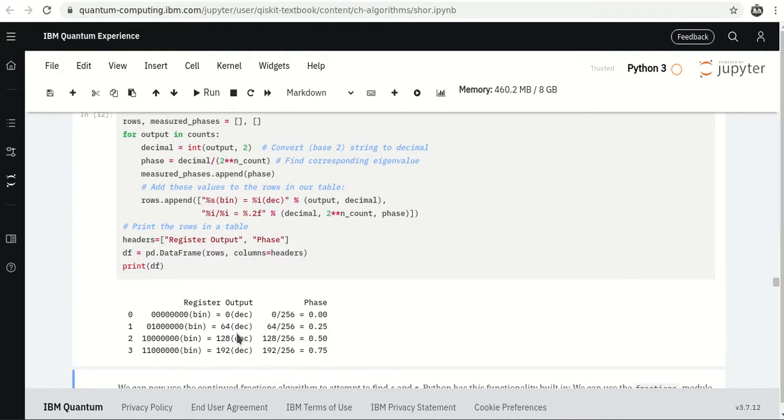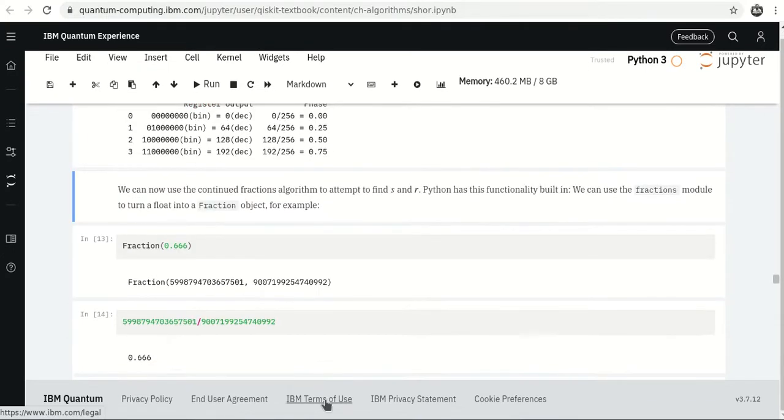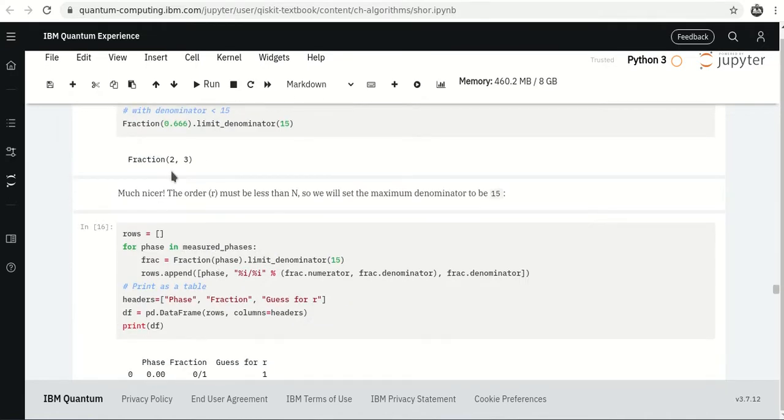So 8 qubits we have used, so 2 to the power 8 is 256, and then we divide this. We now find a continued fraction of these, so whatever fraction we get is actually the product of the original two numbers, which is 2 comma 3.